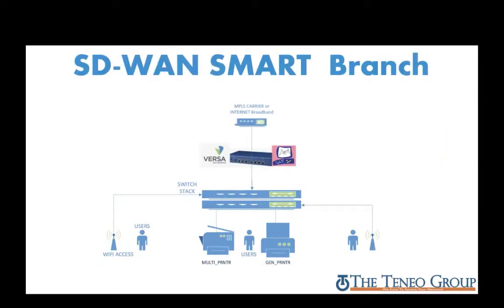But if you want to build a smart branch, how do you do that? Well, you bring in a device like Versa that can collapse your firewall and your router into a single appliance, okay? You connect that to your internet broadband, and it calls home, and it builds the tunnels. So the better choice is to even use multiple connectivity there on the edge, right?